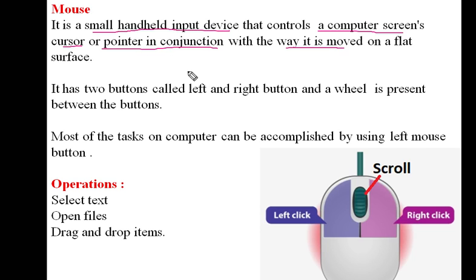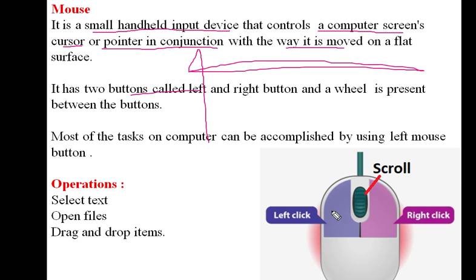Here, with the help of the mouse pointer only I am operating this. Movement is possible left side, right side, top, down. It has two buttons called left and right button, and in between one wheel is present.